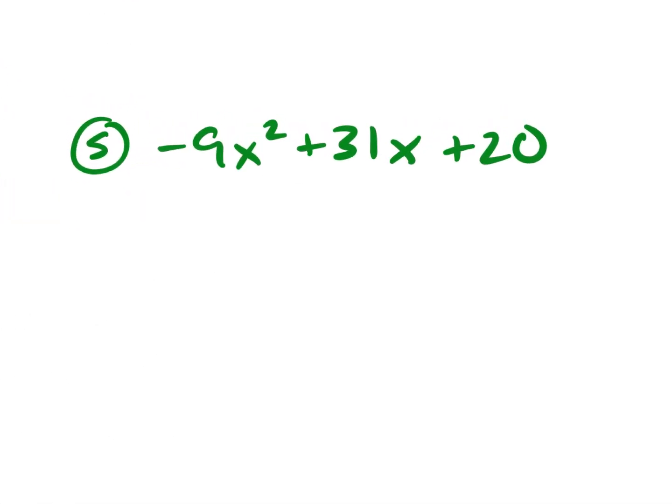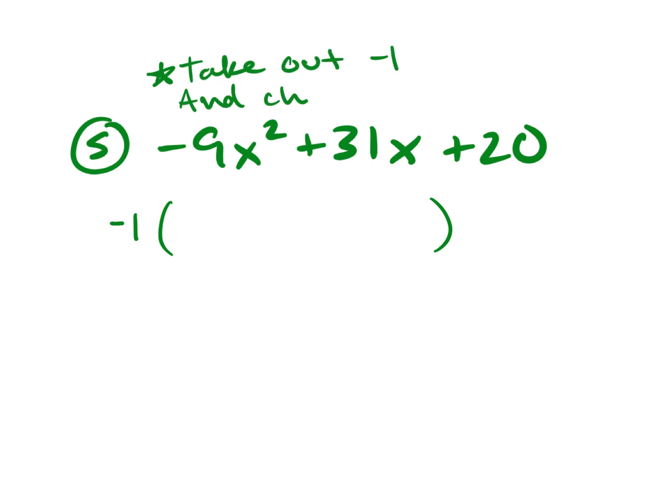If it starts with a negative, what's the first thing we have to do? Divide out the negative. We're going to take out a negative 1 and flip the signs of everything. So take out negative 1 and change the signs. So we have 9x squared plus 31x plus 20.